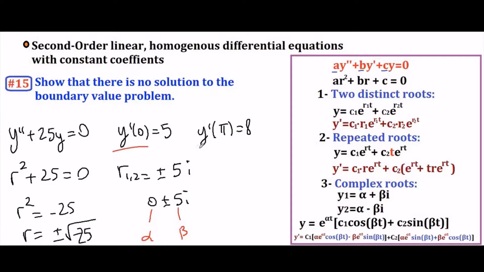Because we are given both y prime, we're going to use the y prime function. So for these types of problems, pay attention that you're given both either y or y prime.